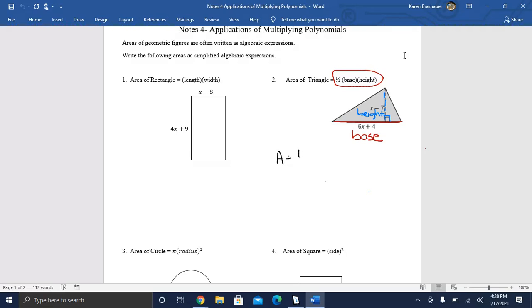All right, so the area equals 1/2 times the base, which is 6x plus 4, times the height, which is the x minus 7. Now, we will, for the time being, ignore the 1/2, although I am going to write it.